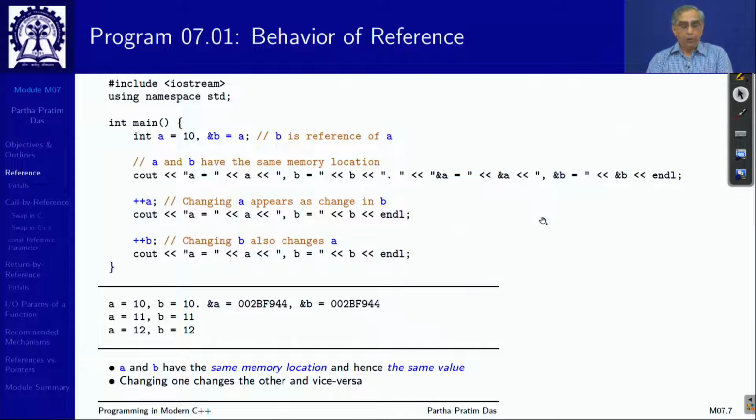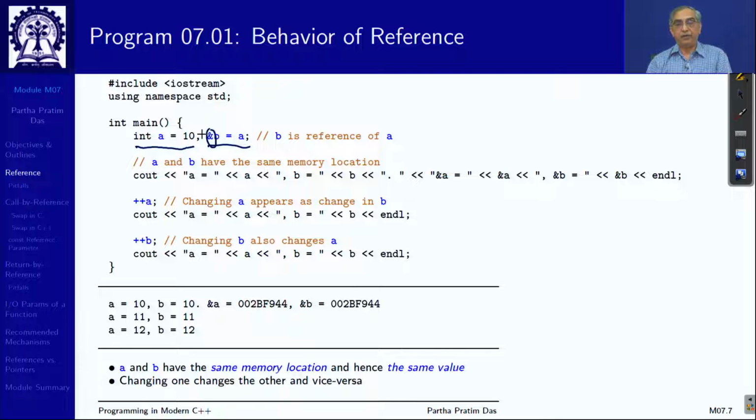Now, let us look at the behavior of an alias in a program. We have defined a, initialized it with 10, and an alias of a, which is b, defined with this ampersand.